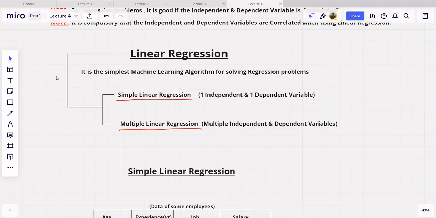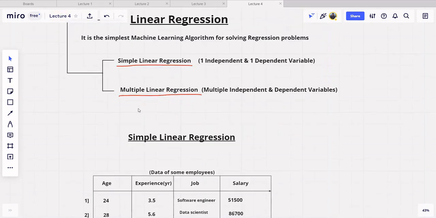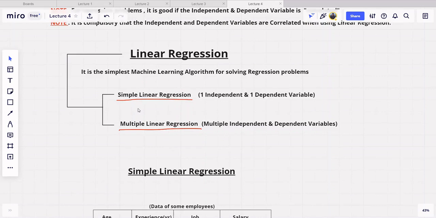Whenever you have, let's say, one independent variable and one dependent variable, then you can use simple linear regression. But in cases where you have multiple independent variables, then you have to use multiple linear regression.